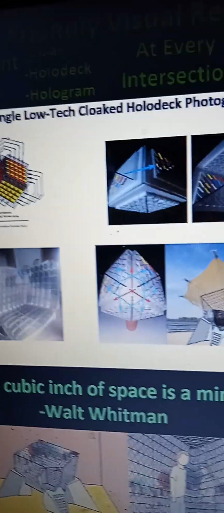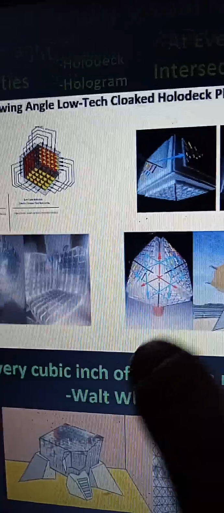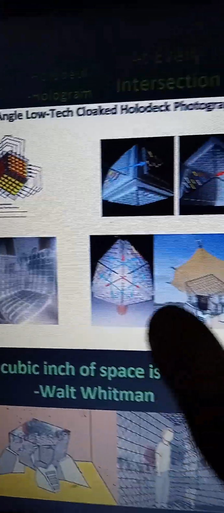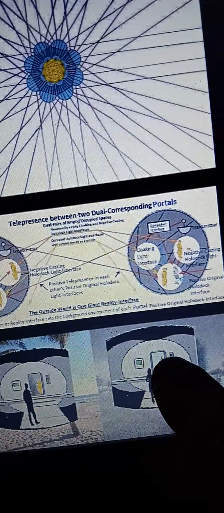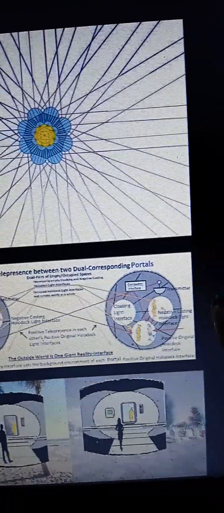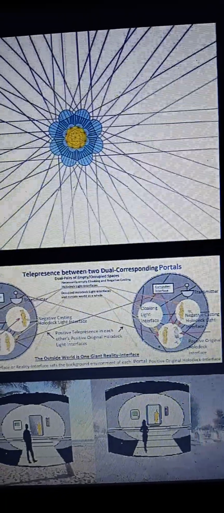And you can imagine the counterparts to a photographic portal and a televisual portal would have something like the cloak, the holodeck, and the hologram as a further developed, more developed cosmic portal. But I'm not going to go too much in on that.